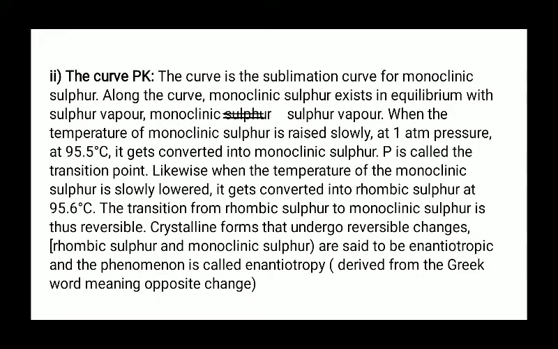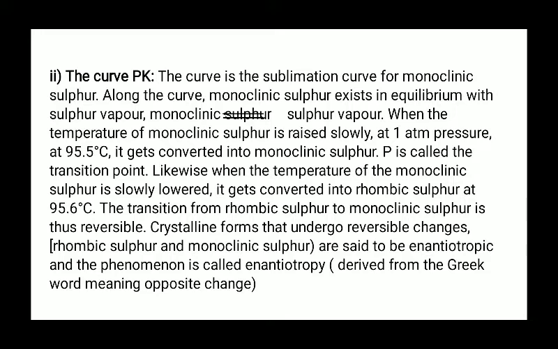Curve PK. The curve is the sublimation curve for monoclinic sulfur. Along the curve, monoclinic sulfur exists in equilibrium with sulfur vapor. When the temperature of rhombic sulfur is raised slowly at 1 atmosphere pressure, at 95.5 degrees C it gets converted into monoclinic sulfur. P is called the transition point.